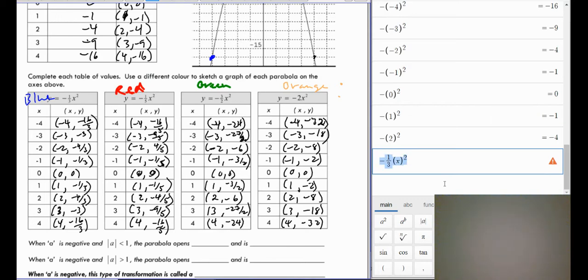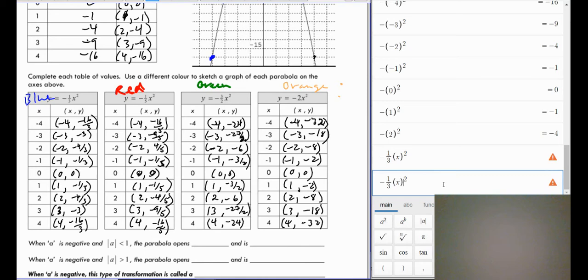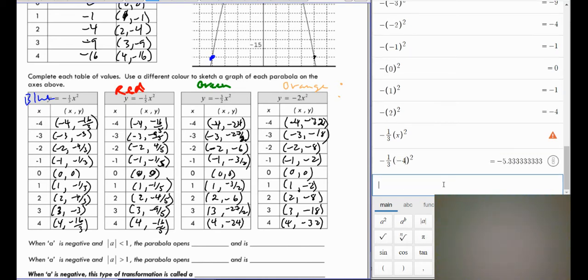If I would have put the -4 in here, look what I have in the table: -16/3. That's really hard to graph, so you might want to use your calculator to make it into a decimal, because it might be easier to plot.